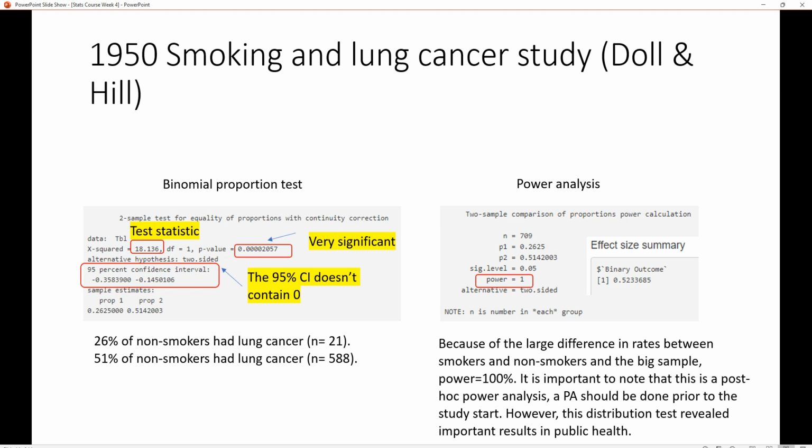There were high numbers of smokers in both groups, but when they looked at those who had cancer, 51% of the smokers had lung cancer, while only about 26% of the non-smokers had lung cancer. So the rate was more than double.